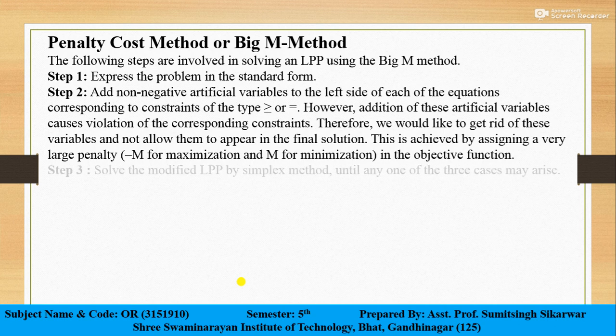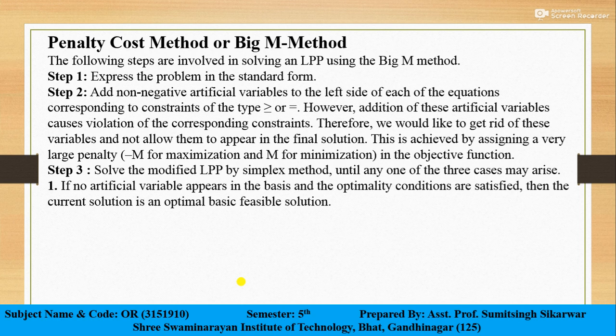Our next step is to solve the modified LPP by simplex method until any one of three cases arises. Our first case: if no artificial variables appear in the basis and optimality conditions are satisfied, then that solution is called the optimal feasible solution.